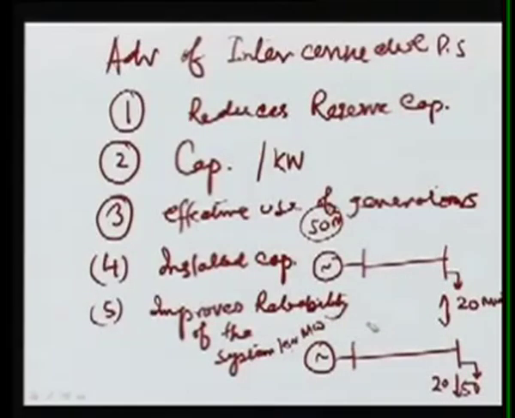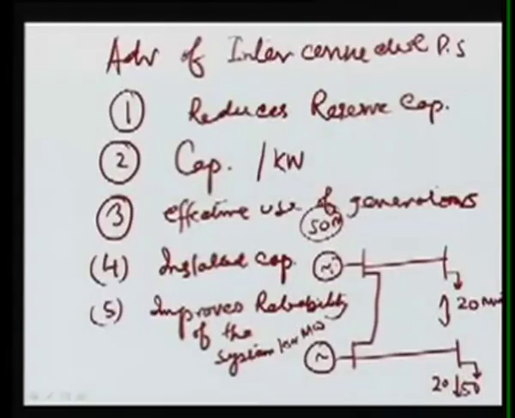Now we can see how it can improve the reliability of the system. For example, let's suppose earlier it was not interconnected. If there was some problem in this generator, if this generator is tripped, it is not possible to feed this 20 megawatt load. So the reliability of this system depends upon the reliability of this generating station.